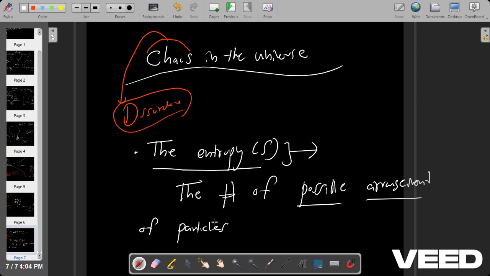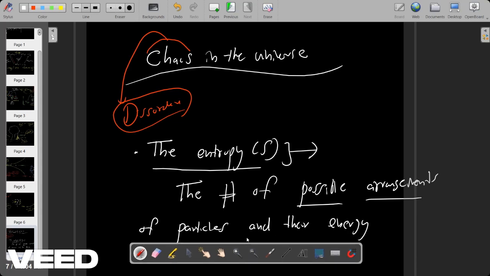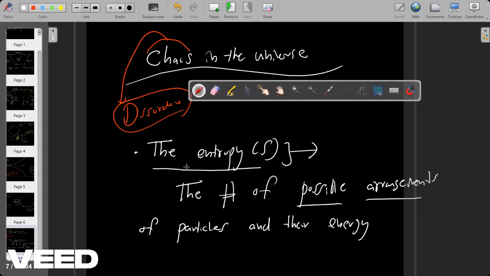The number of possible arrangements of particles and their energy in a given system.